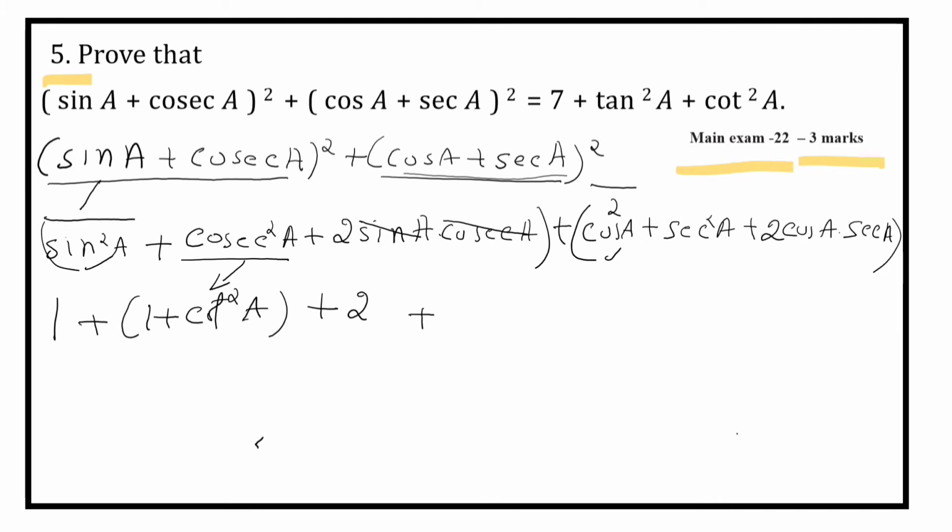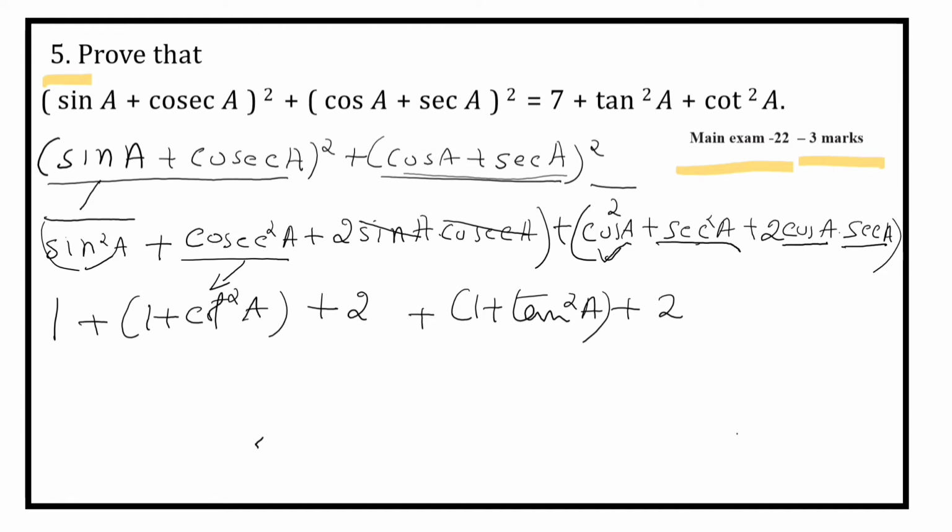Secant square A, we can write it as 1 plus tan square A. Here you can observe cos A and secant A are reciprocal ratios. If you multiply, you will get 1. So 2 into 1 is equal to 2.